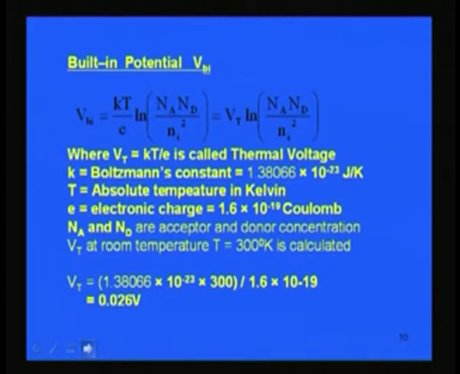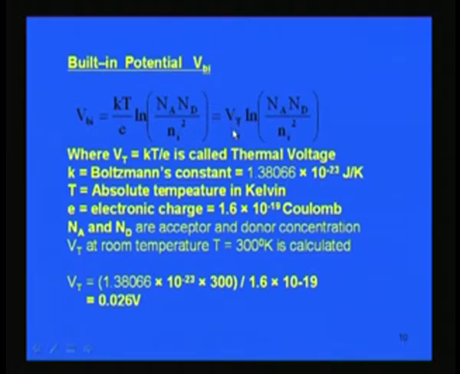Now, this built-in potential has an expression given by kT by e times the natural logarithm of the product of Na and Nd, which carry their usual meaning, that is the concentration of the acceptor atoms and the concentration of the donor atoms, divided by ni square, the intrinsic carrier concentration square.